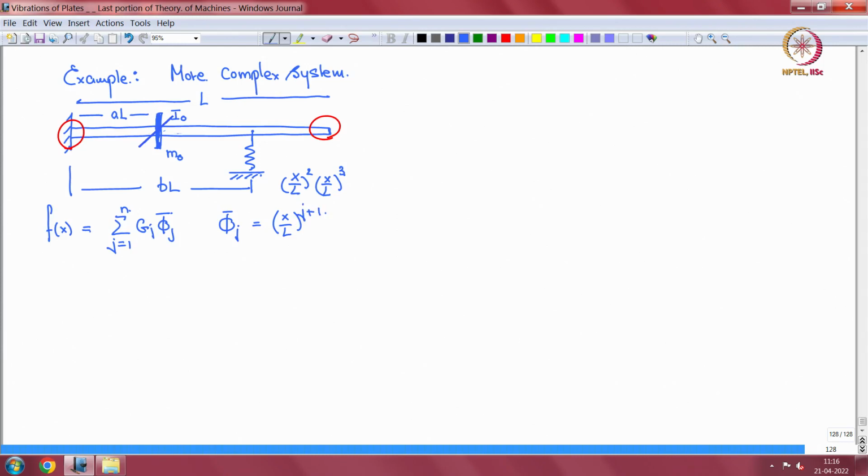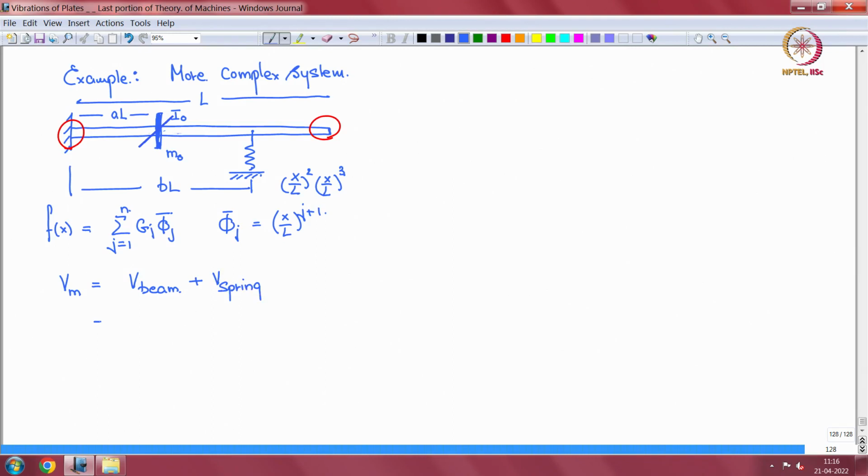Okay. Now the potential energy in the beam is whatever is there with the beam earlier plus that is brought in by the spring. Okay.